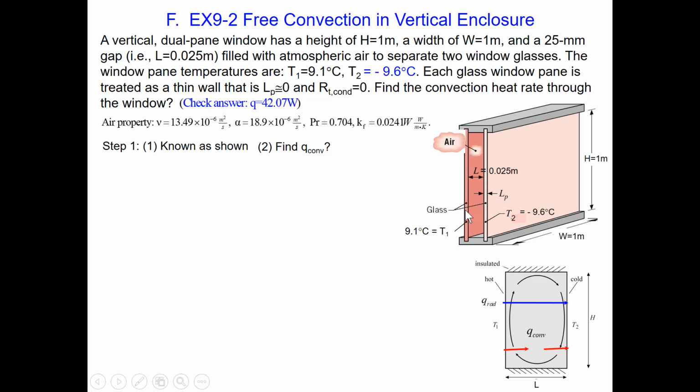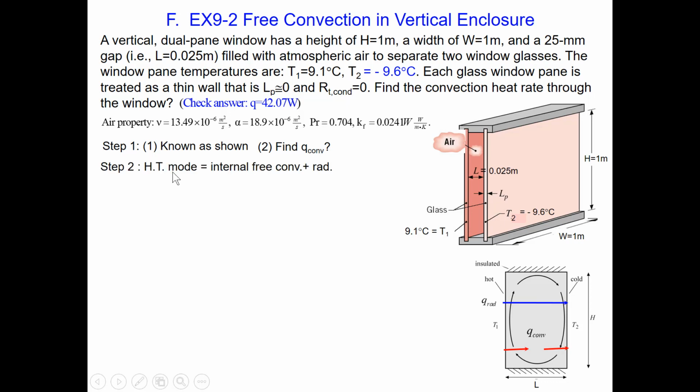The window glass temperatures are T1 and T2. We need to find the convection heat rate through the window. Air properties, mu, alpha, Prandtl number, and conductivity are provided. That's what we know and what we need to find out.